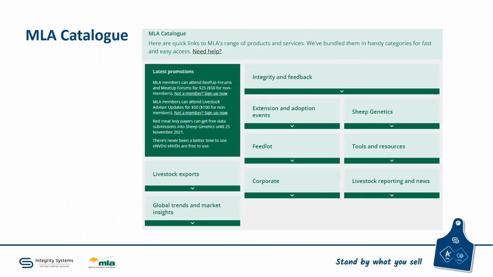So at the top, you can see it's called the MLA catalog. And once you've created your account and you end up on the myMLA portal or dashboard, this is what you're going to see. There are all different sections, and you can see the little drop down arrows beneath each section. If you click on those drop down arrows, you'll get to see more options.